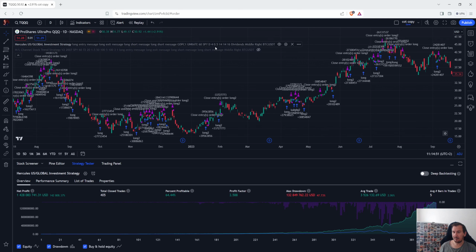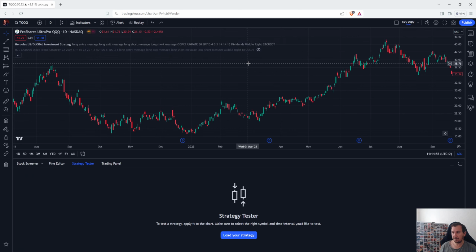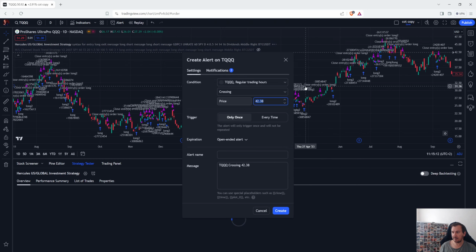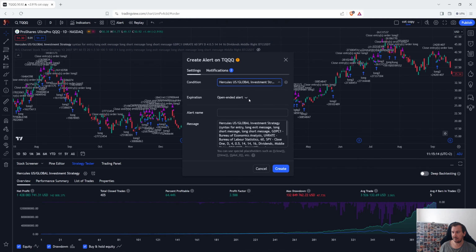So regarding how you can set up alerts: inside of it here, we have the message long entry, message analysis. Here, for example, you will be able to write directly the syntax for entry, then the syntax for exit. Once you have all of this done, you simply create an alert on the strategy. In the message, I think it's strategy open order message or something like that.